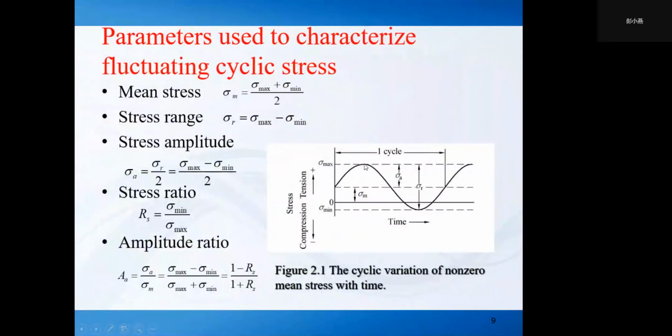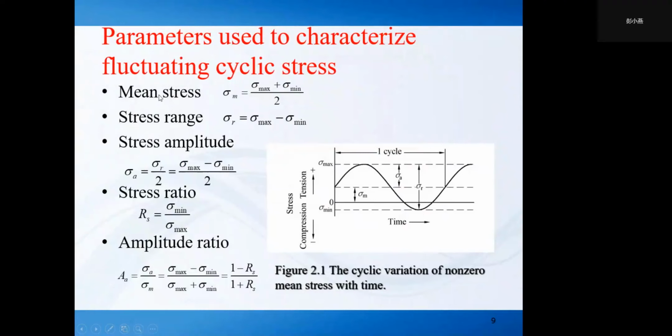The five parameters for fluctuating stress: the maximum stress, the minimum stress, and mean stress.